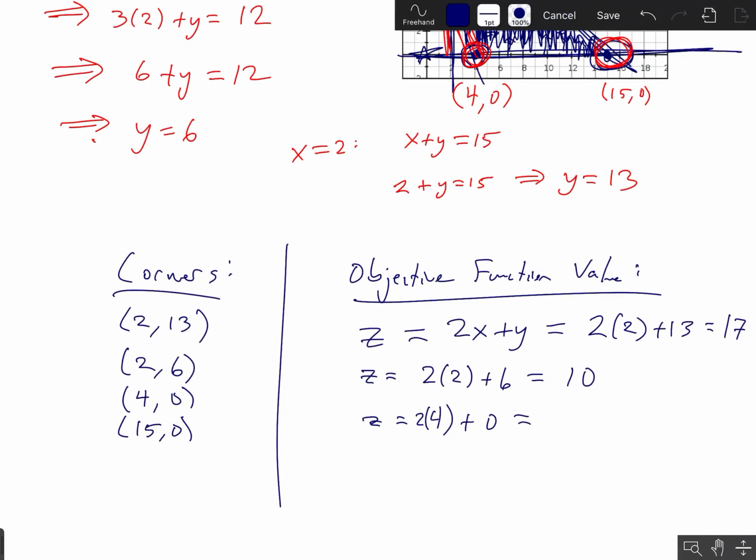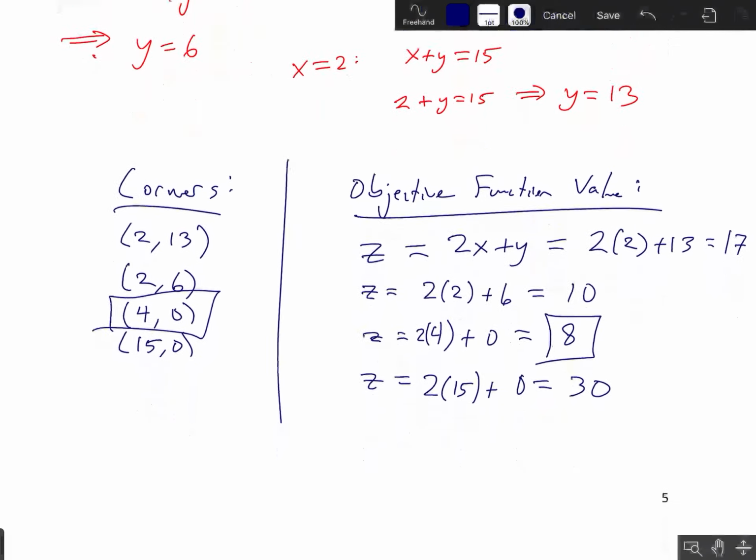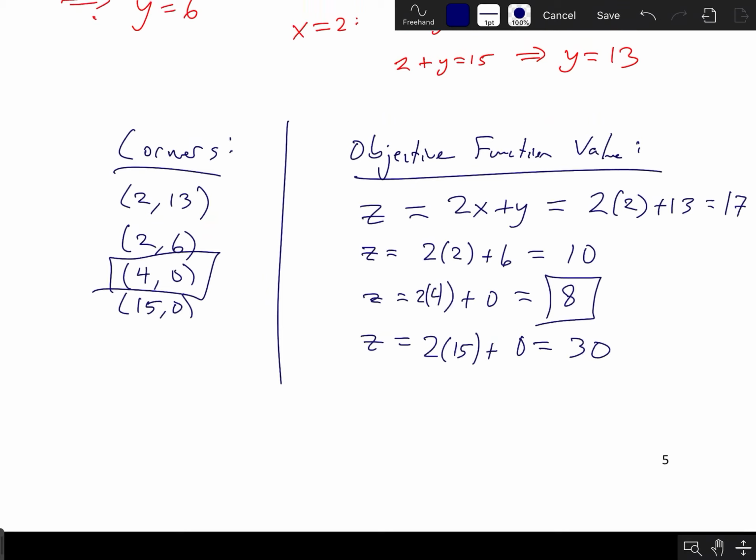For the third one, we would have 2 times 4 plus 0, which is 8. And for the last one, we would have 2 times 15 plus 0, which is 30. And we were trying to minimize this objective function. So it looks like the minimum occurs here at 8, and that minimum occurs at the point 4, 0.